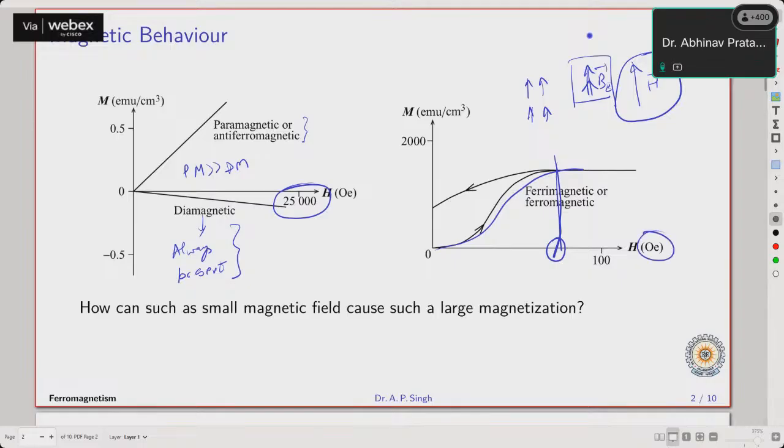Remember, this is in Oersted, this is not in Tesla. And the magnetization is also quite large as compared to the paramagnetic or diamagnetic case, because here almost all the dipoles align very fast along the direction of the external magnetic field. So that is why this saturation happens so fast and the magnetization value is so large.